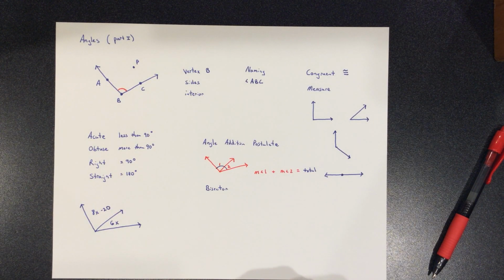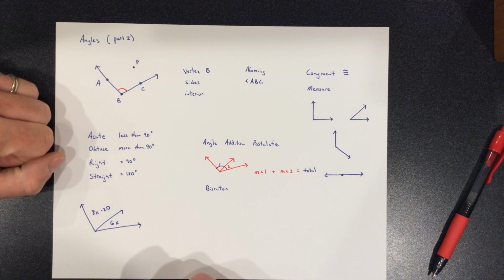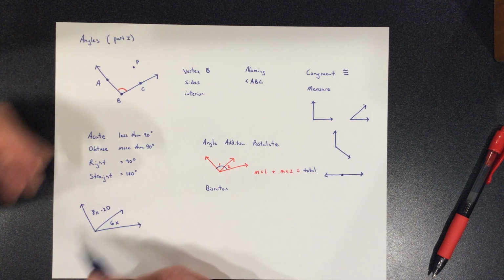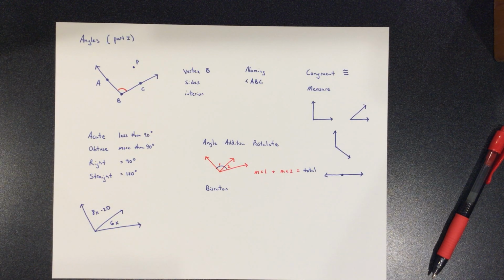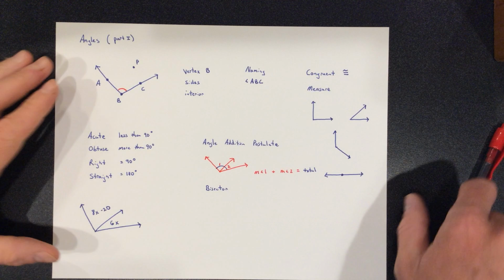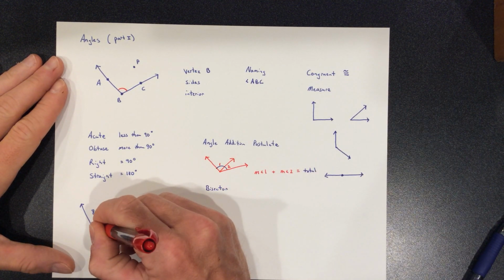You can add those together, and they have to equal the total. So if I told you the total, then I would tell you everything. What do you think the total is? Maybe 120, something like that. What if I told you that was 120 degrees?